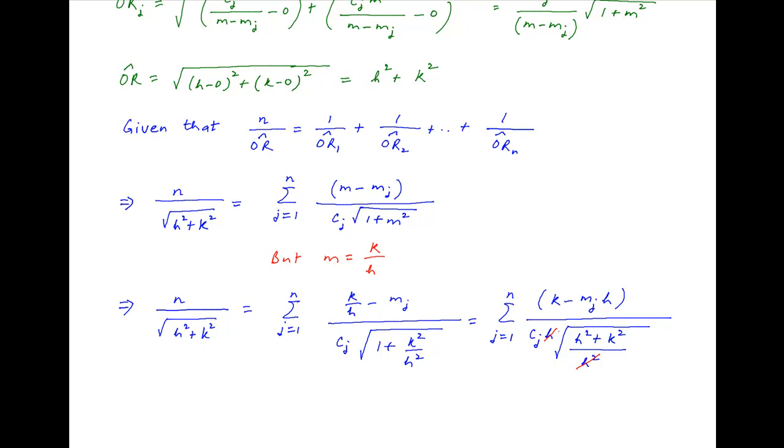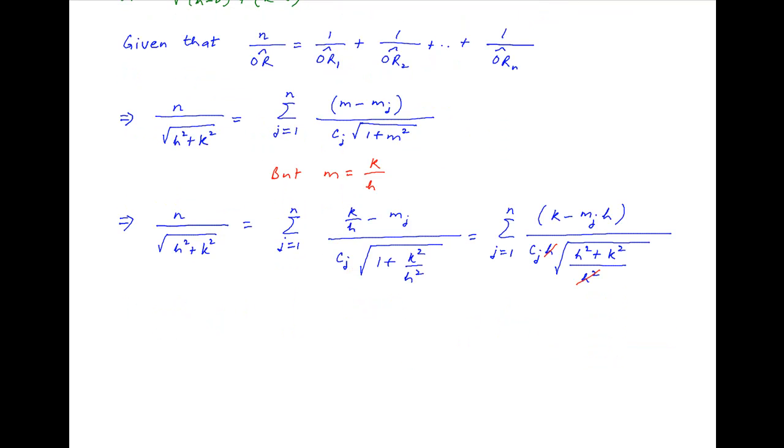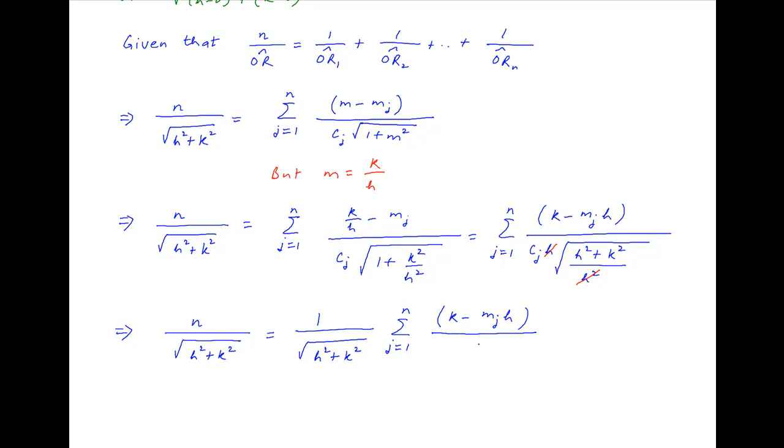h cancels in the denominator of the right hand side, and therefore the above equation becomes n upon square root of h square plus k square is equal to 1 upon square root of h square plus k square multiplied by summation j going from 1 to n of k minus mj times h upon cj.